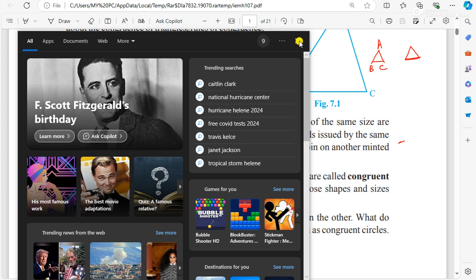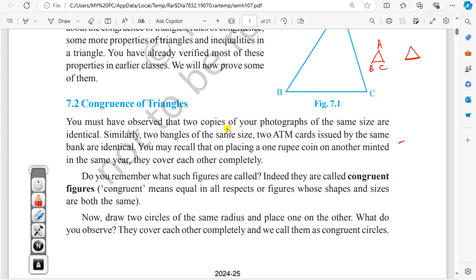Now if we compare both these triangles, A, B, C are the vertices of triangle ABC, and D, E, F are the vertices of triangle DEF. That means these triangles will be congruent if they are equal in all respects.